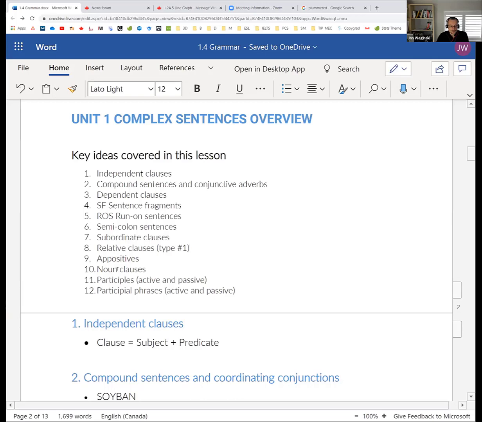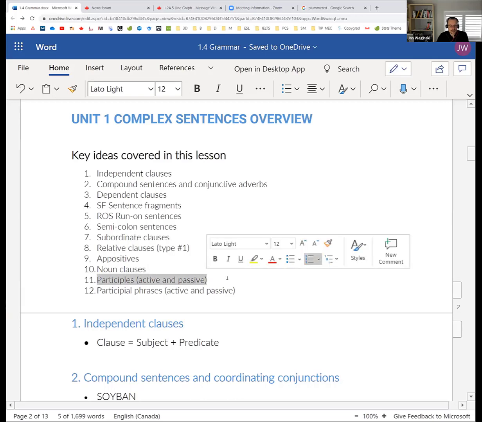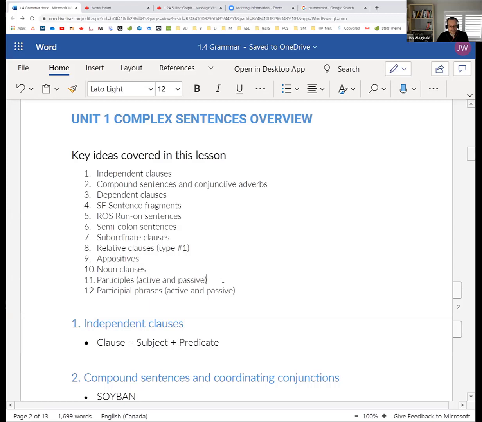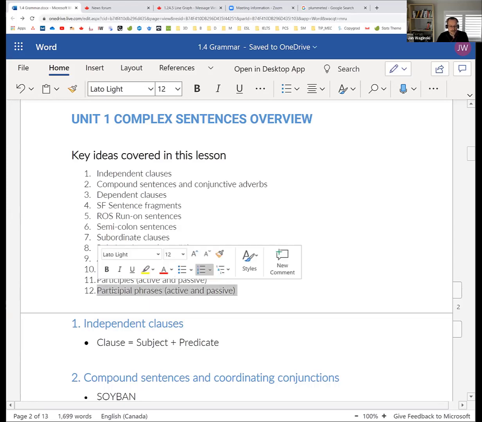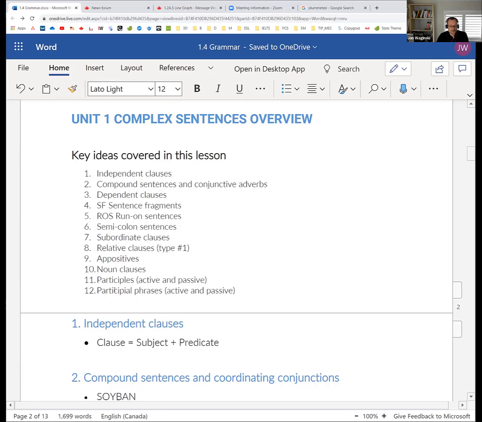There's another type of noun clause that I'll cover in a separate class. Participles, the ones that we're doing right now are by far the most commonly used, but there are also perfect participial phrases that come in handy on occasion that we'll cover in a separate class too. Okay, but let's go through these as quickly as we can.